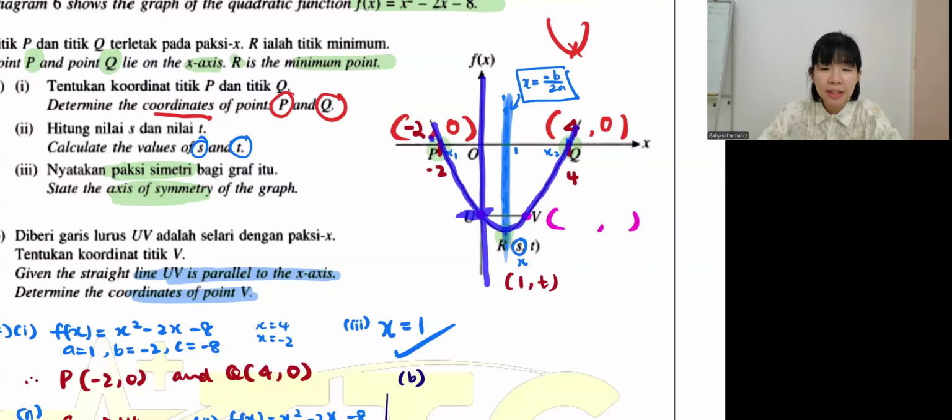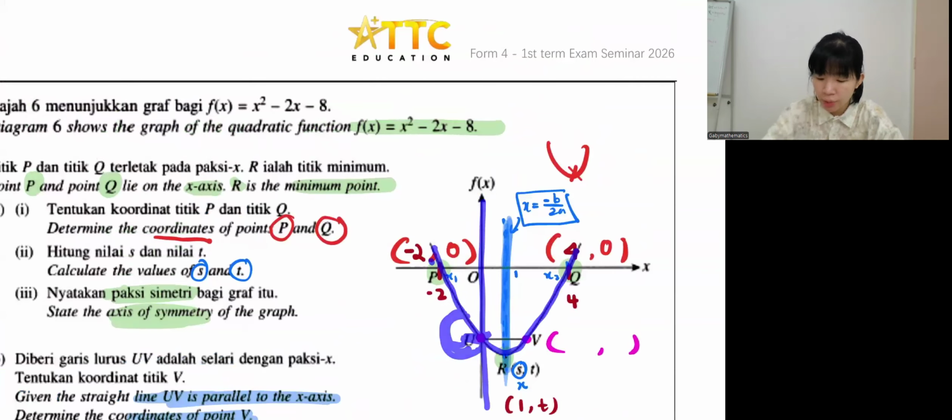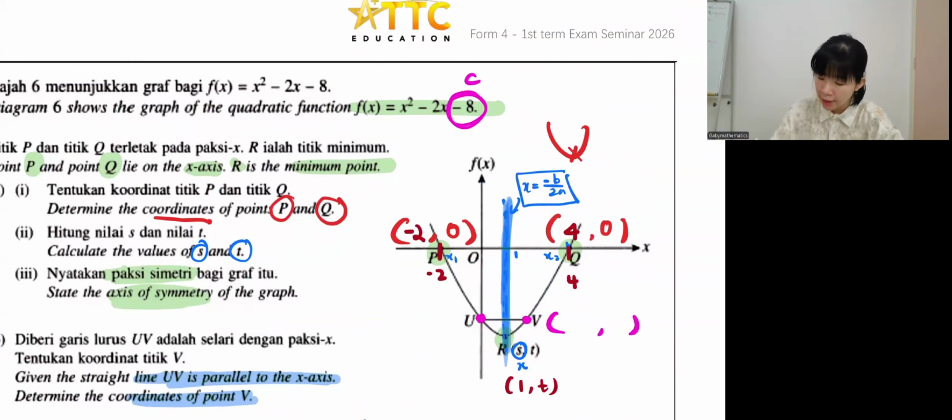Here, the intersection is also called C, the y-intercept. So the C is how much? From the question, we can tell that C is negative 8. Yes, very good. The C is negative 8, which means here is negative 8. The coordinate of U is (0, -8).